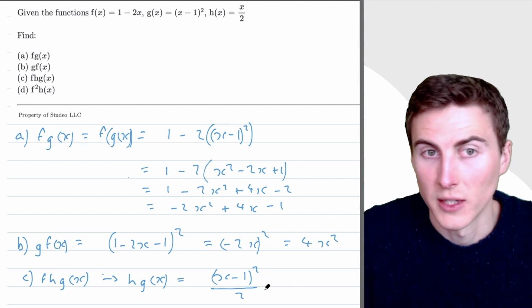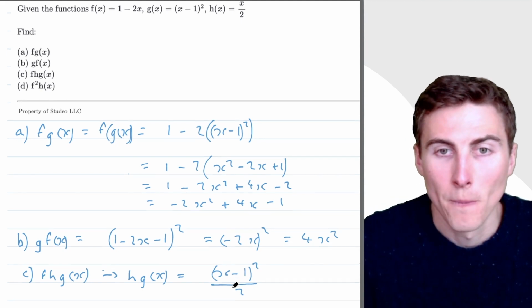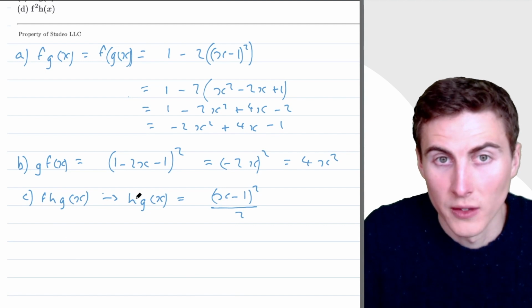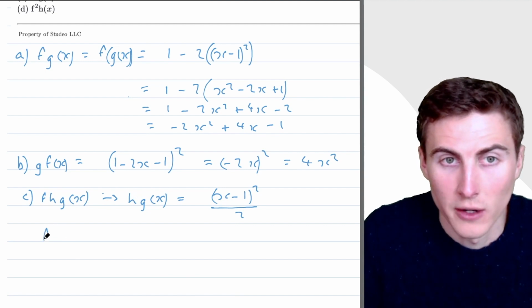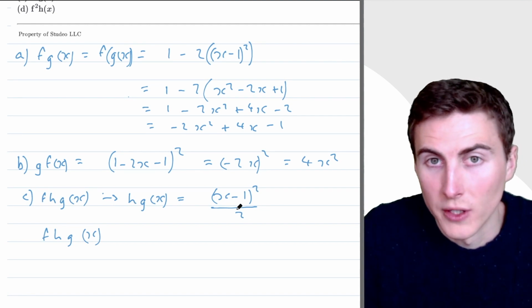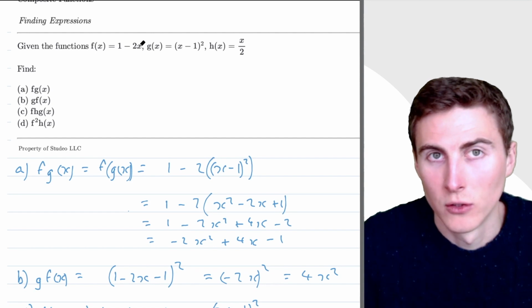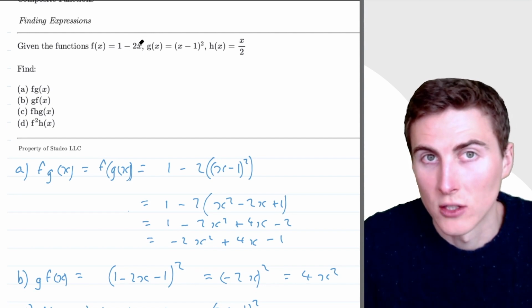And that's it. Then next up, when I want to put this whole thing into the f function to find my f h g of x, I'm going to put all of this into this x value. So it's going to be 1 minus 2 sets of what we just found.